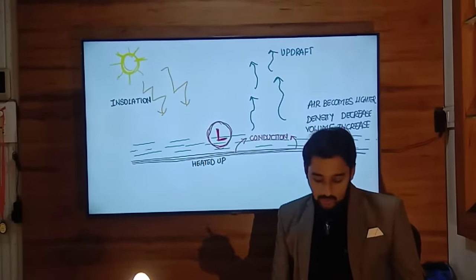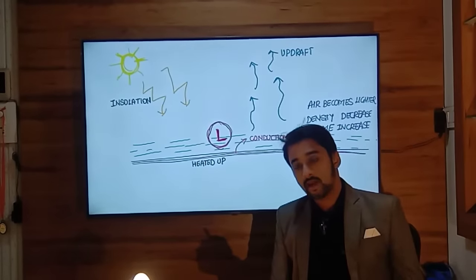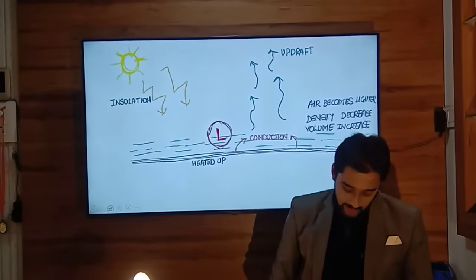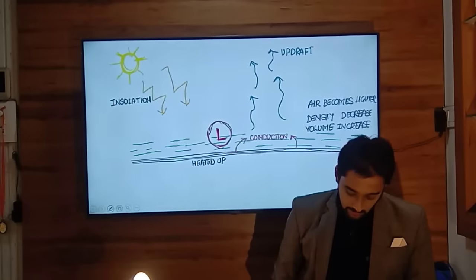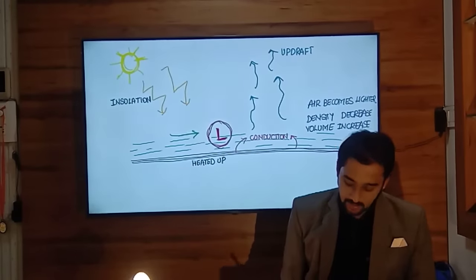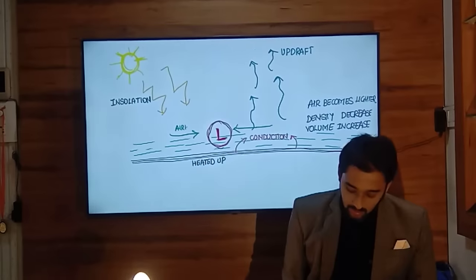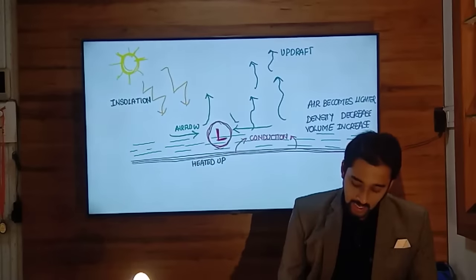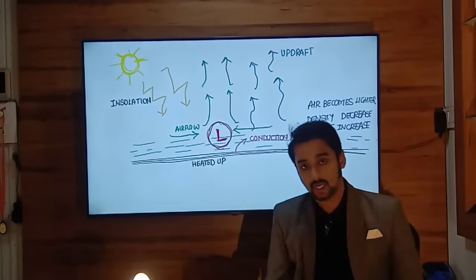Now second point, in this low pressure there will be an inflow of air from surrounding high areas, and this air will again rise up in the atmosphere after coming to the low pressure.